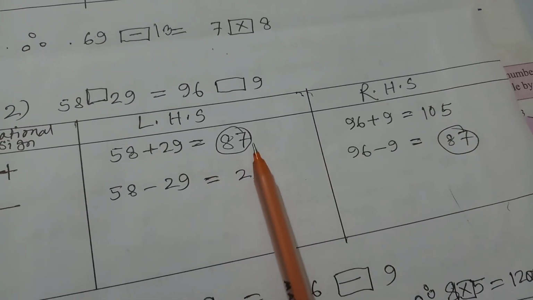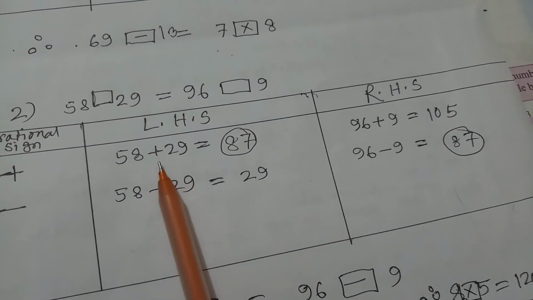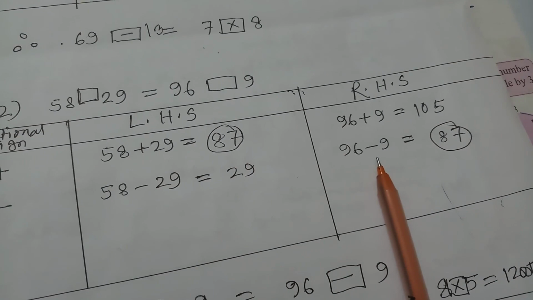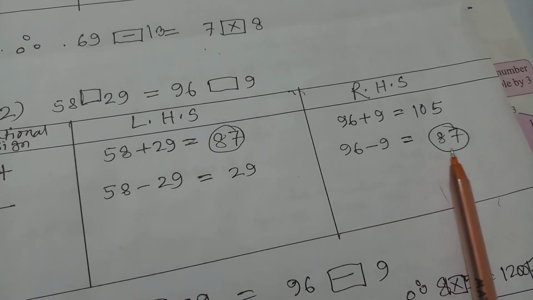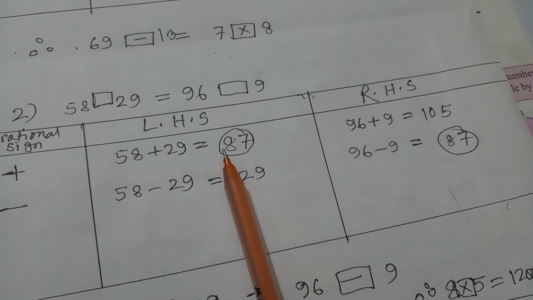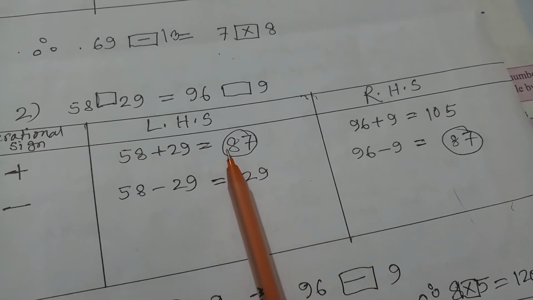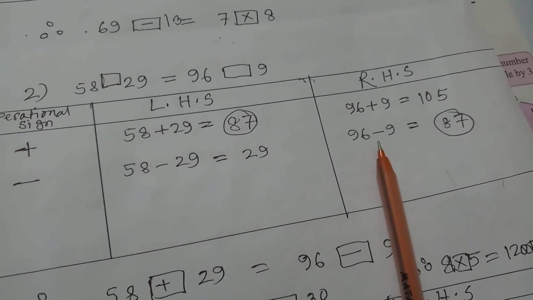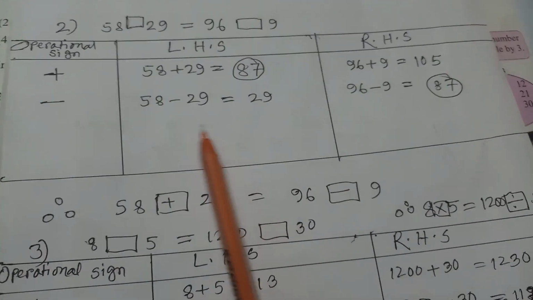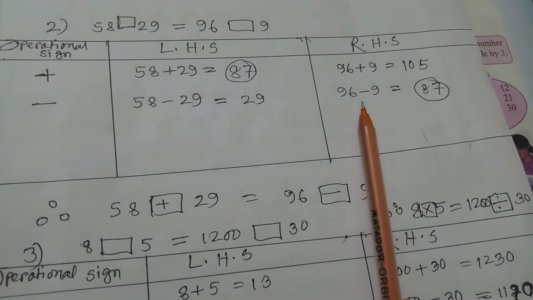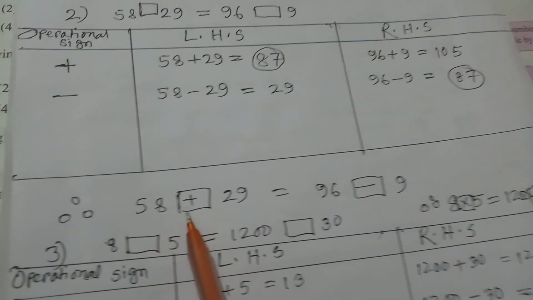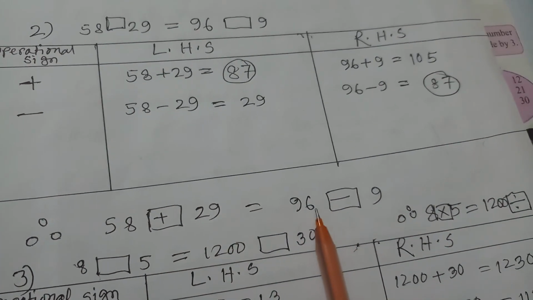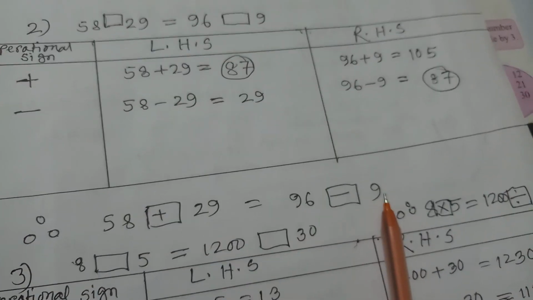So 58 plus 29 equal to 87, and 96 minus 9 equal to 87. 87 and 87 are equal when the left hand side is addition and the right hand side is subtraction. So 58 plus 29, and 96 minus 9.